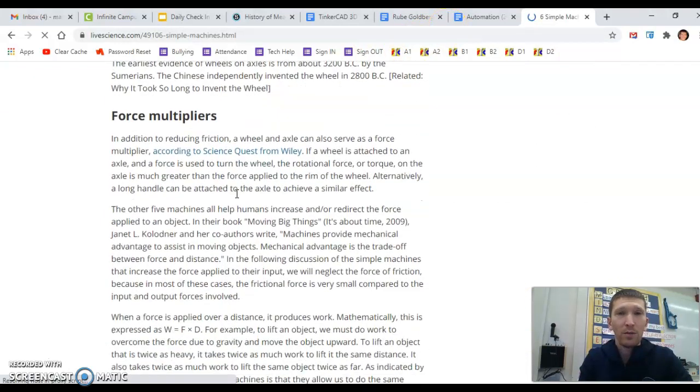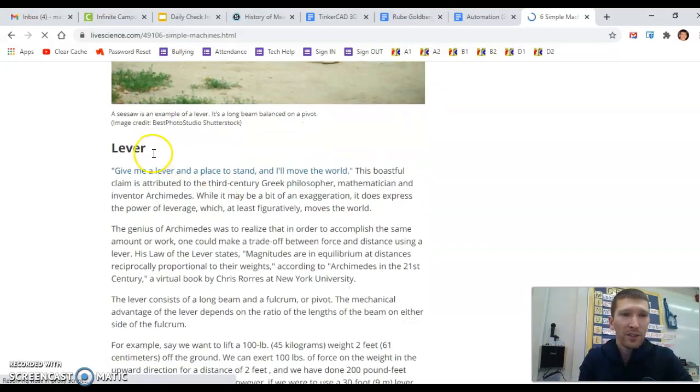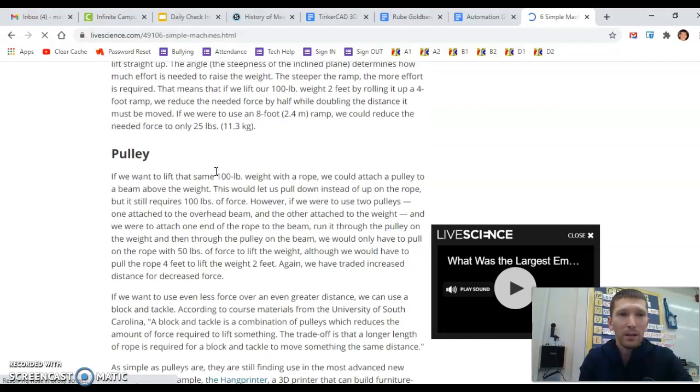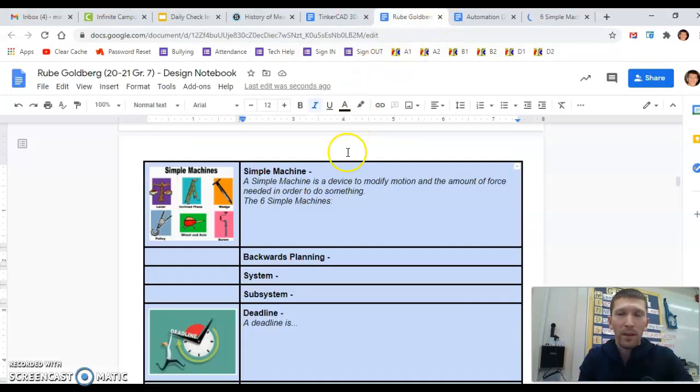And I'm going to find out more information later about what each of these are, but lever, wheel and axle, lever, inclined plane, pulley, screw, and wedge. So you should type that in there. Inclined plane, screw, wedge, lever, pulley, wheel, and axle.